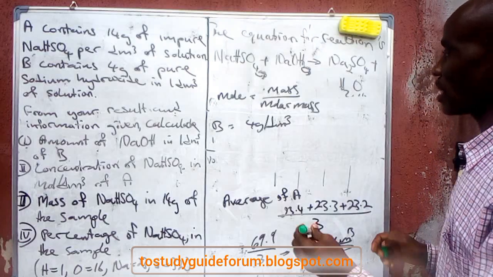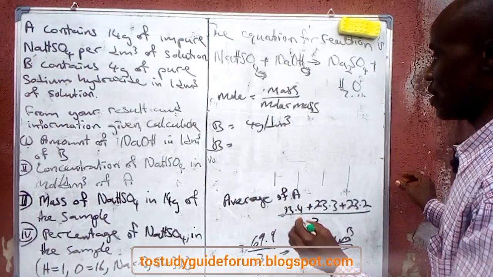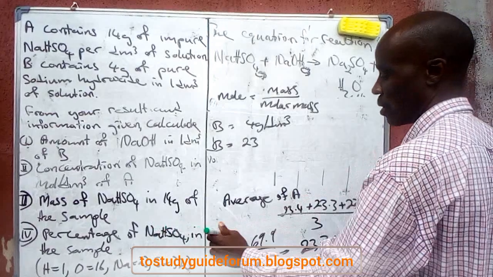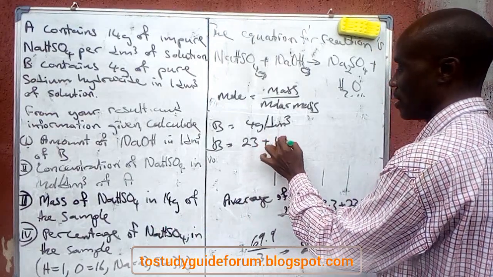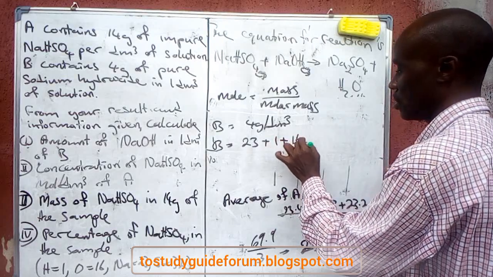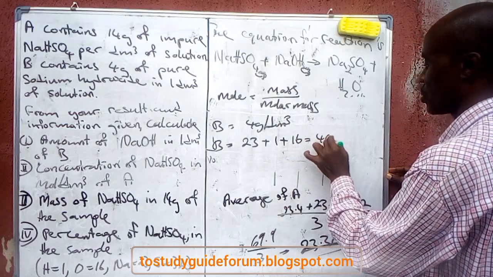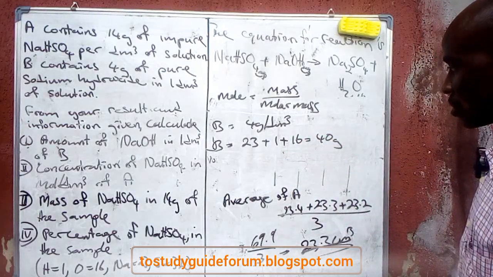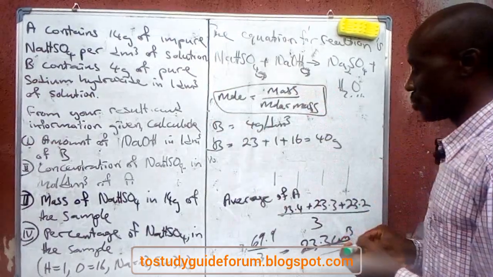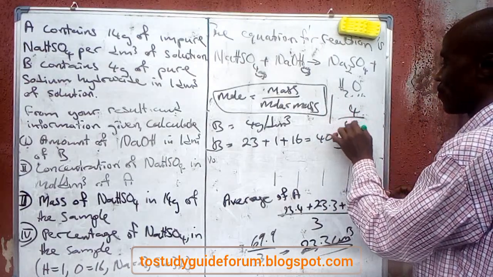So the molar mass of B, since it's sodium hydroxide: sodium is always 23, hydrogen is always 1, plus oxygen, which is 16. When you add up everything, it will give us 40. So we have 4 over 40.